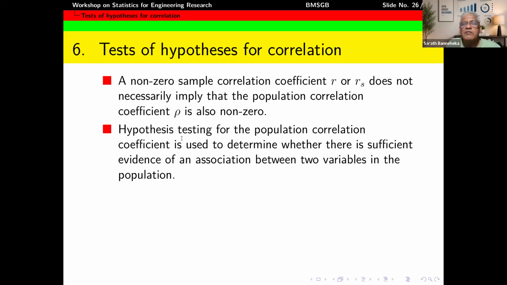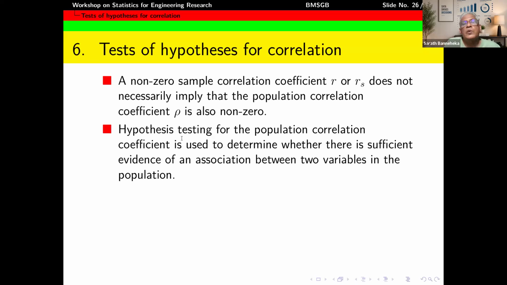So that is why we usually carry out a test of hypothesis to test whether what you see in the sample is enough for us to decide whether there is a relationship in the population or whether there is no relationship between X and Y in the population. Right.